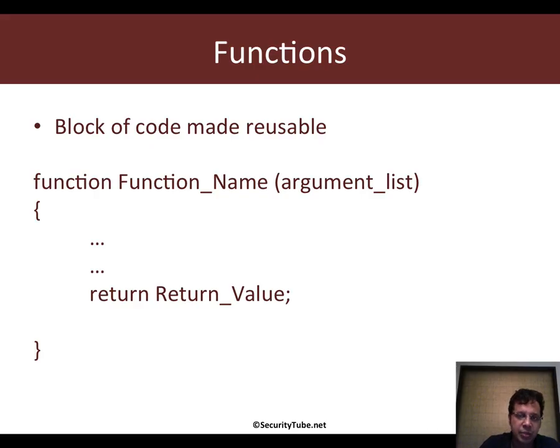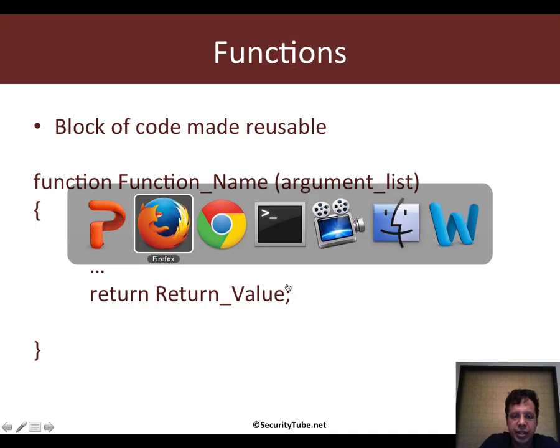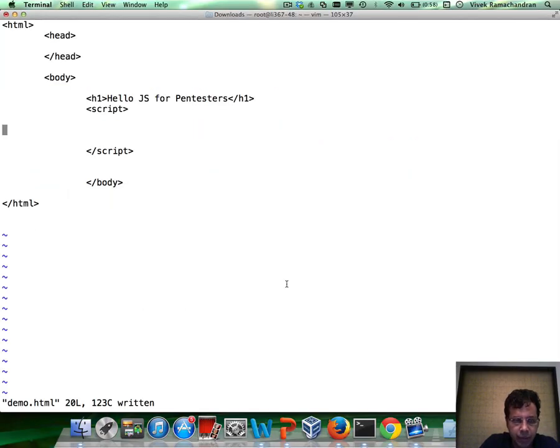In JavaScript, you define a function by using the function keyword followed by the function name and an optional argument list. Now inside the function, you also can optionally return a return value. So let's jump right in and take up an example.